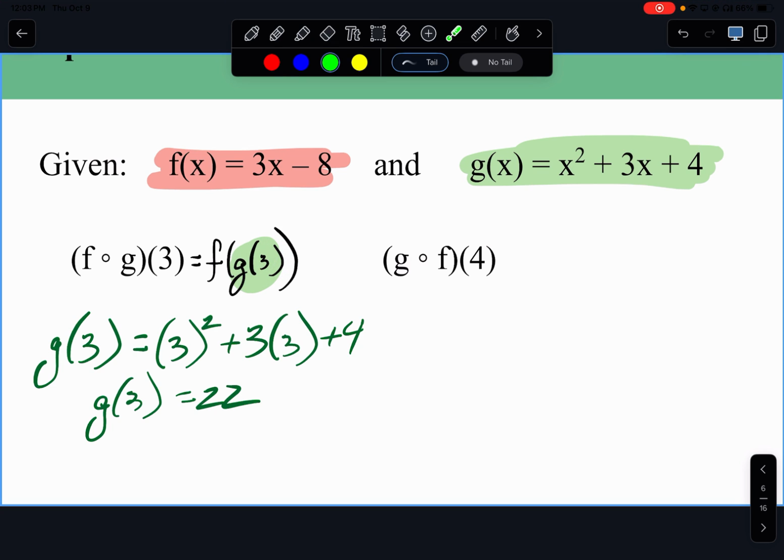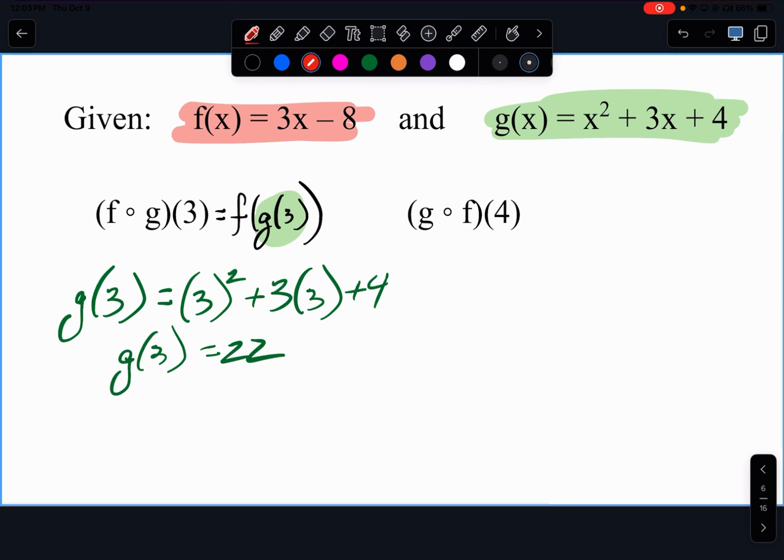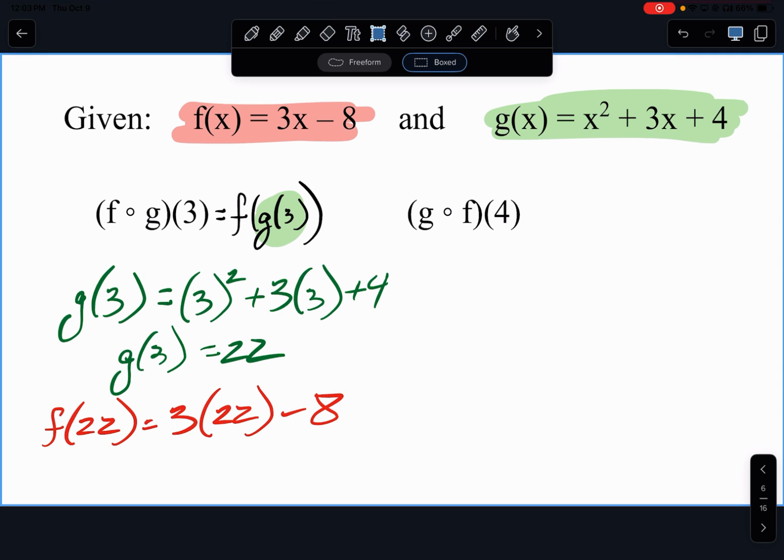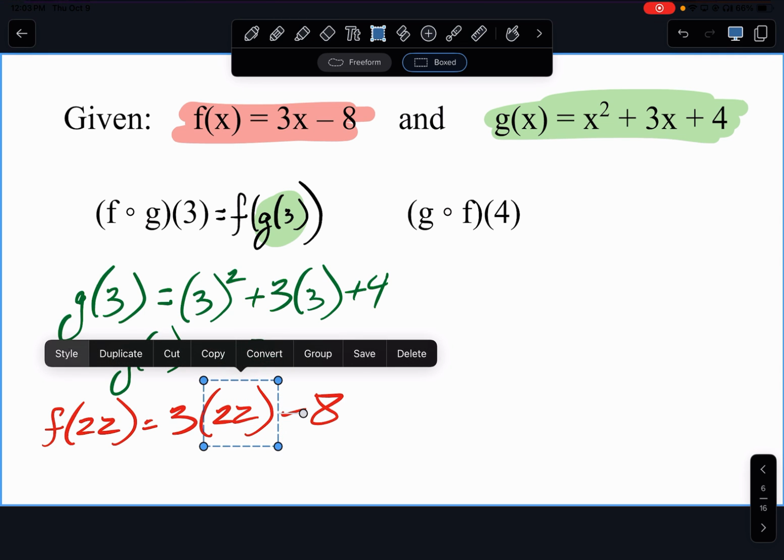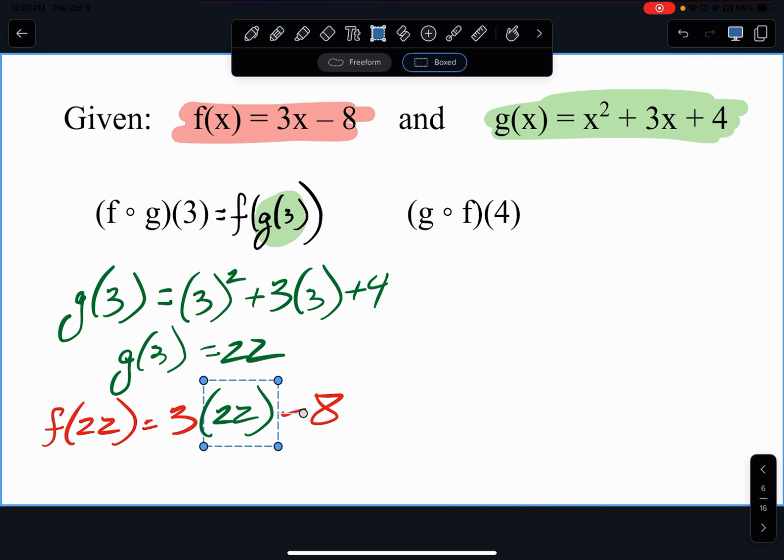So now what I can do is take that 22, and I'm going to plug it into my f function, my f of x. So it's going to be f of 22 equals, and then everywhere that I have an x, I'm going to put 22. Usually I like to do this so you can see where I got that 22 from. It came from that green step.